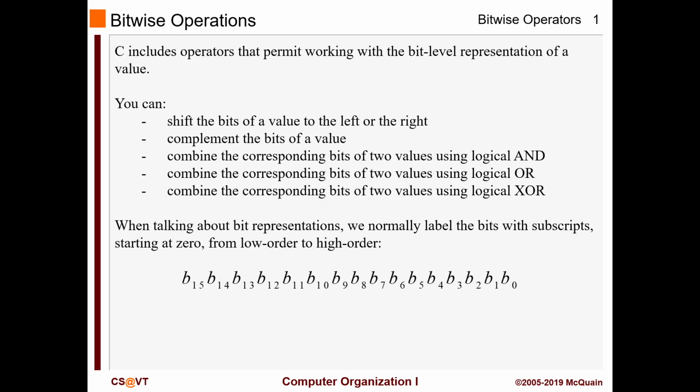Bitwise operations. C includes operators that permit working with bit level representation of a value. C allows that. I think Java allows that a little bit, but I cannot think of other languages that actually give direct power over bitwise, but there might be some. I didn't try it. So for bitwise manipulation in C, you can do left shifting. You can do shifting to left and right.